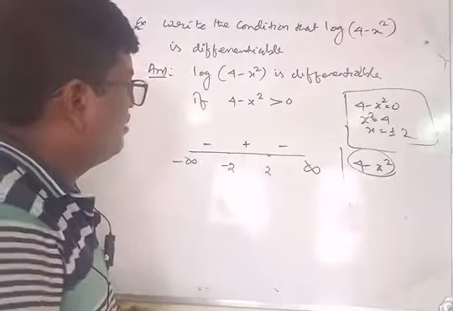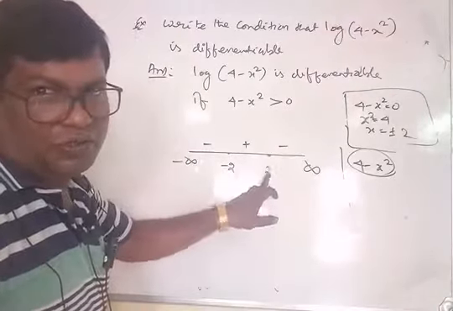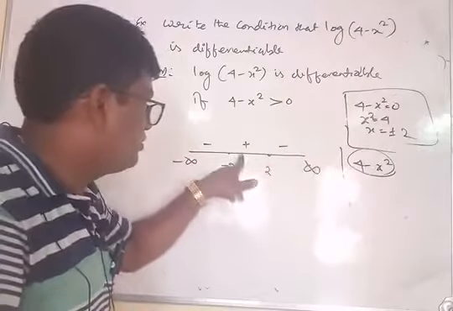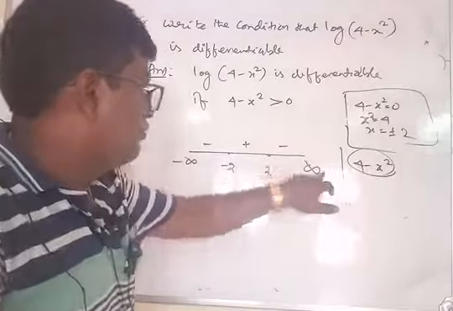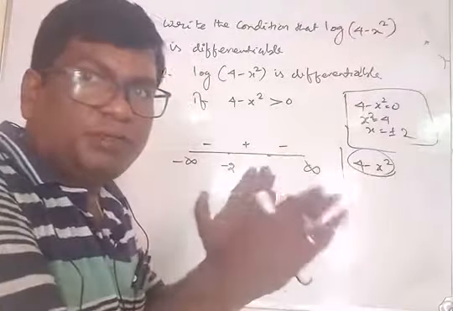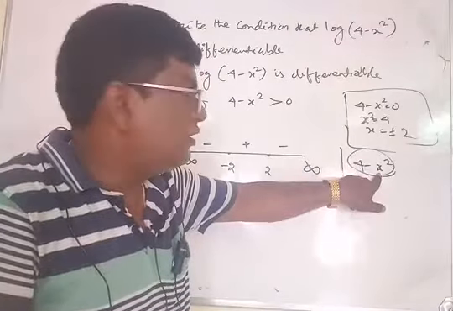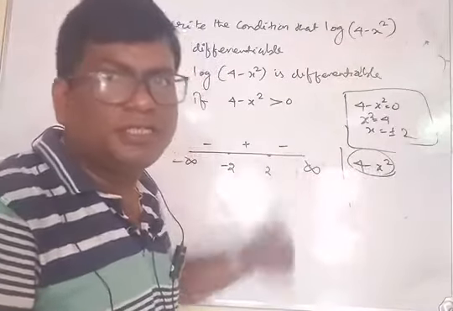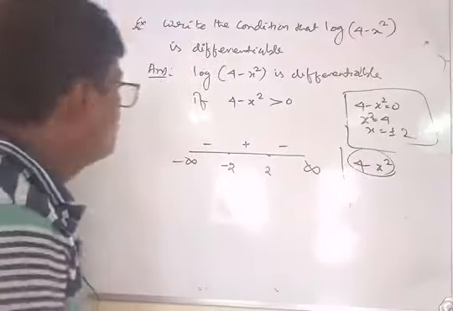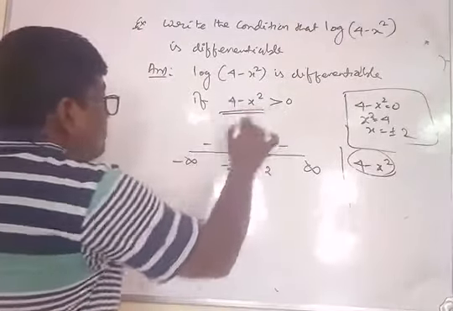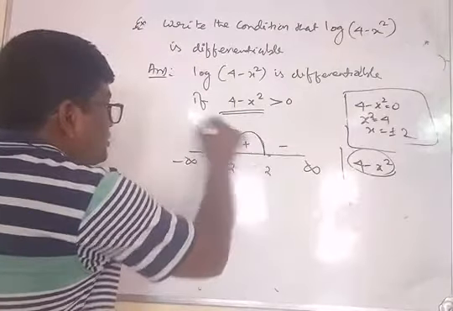Or you can choose a number between minus 2 and plus 2, suppose x equal to 0: 4 minus x square is positive. So this region is positive.